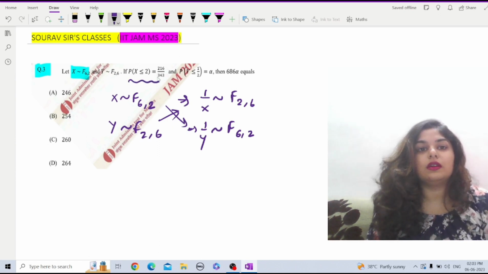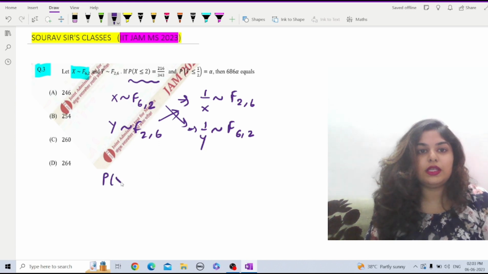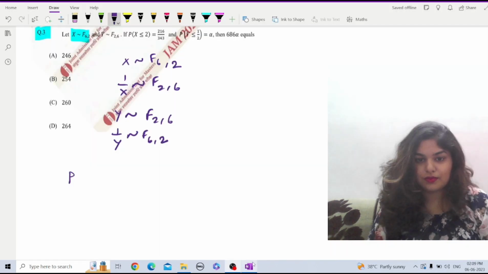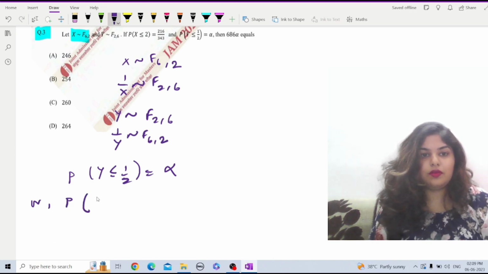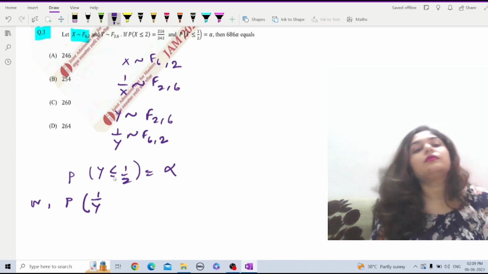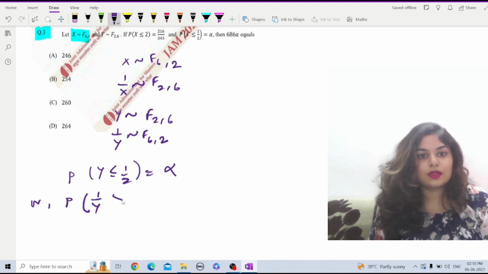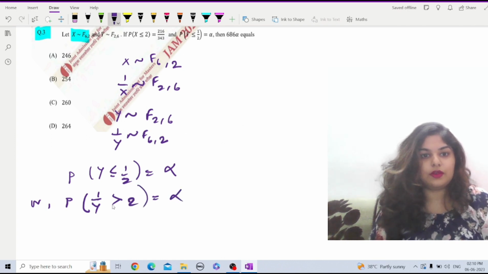From here it is very clear. Now here in the question we are given the probability of X less than or equal to 2 is equal to, and the probability of Y less than or equal to half is equal to alpha, or the probability of 1 by Y greater than 2 is alpha, right?